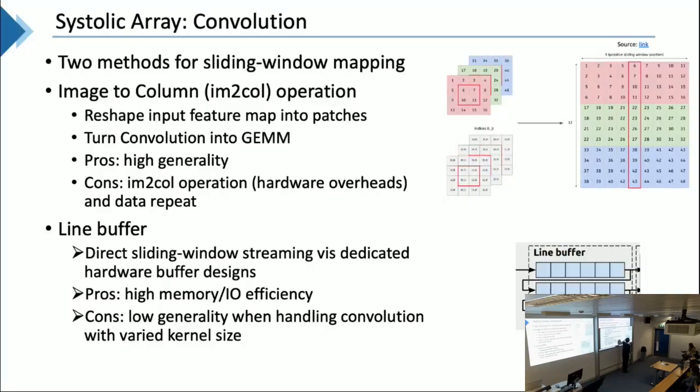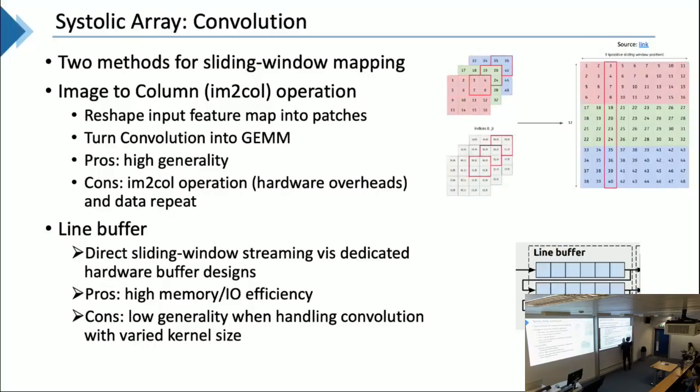So you push this data to the next line. At the same time, let's say you have the 3x3 kernel, so you will also push this one by another line. Let's say 1, 2, 3, 4, 5, 6, 7, 5, 6, 7, 8, 9, 10, 11. So you have this, and you know this is the right timing for you to output your sliding window.